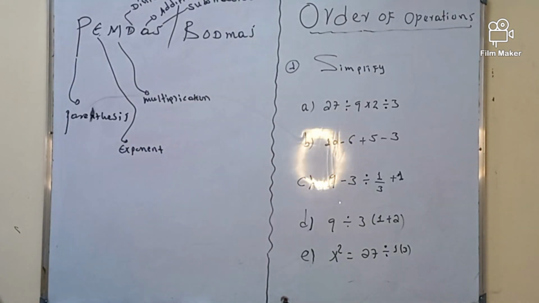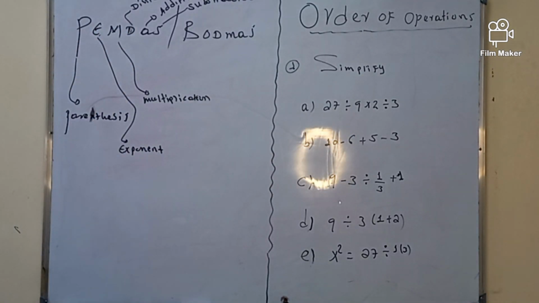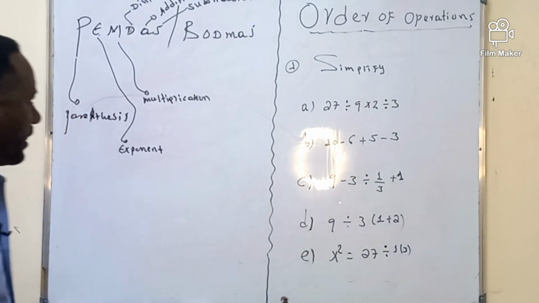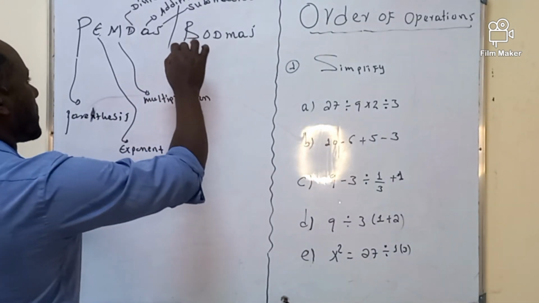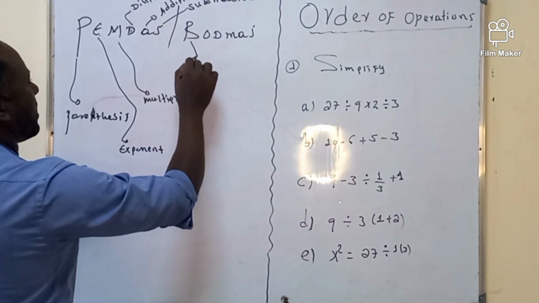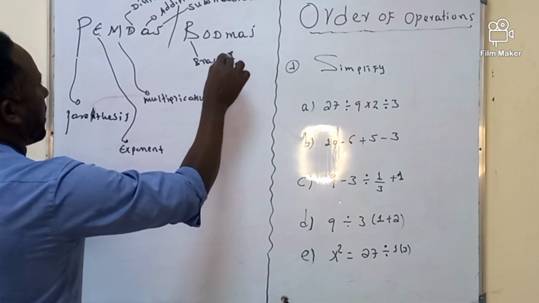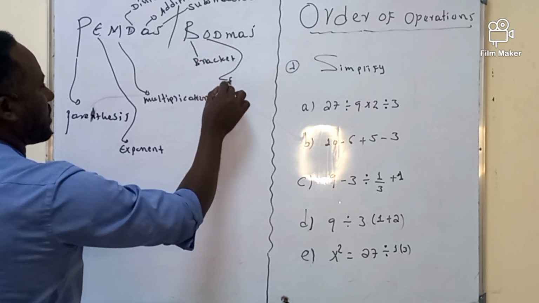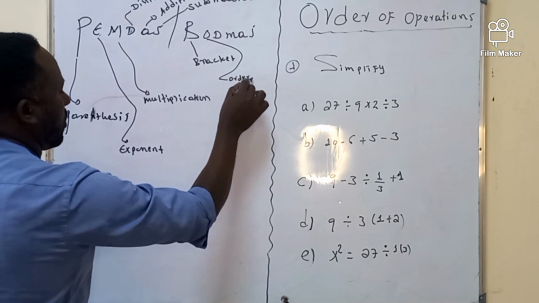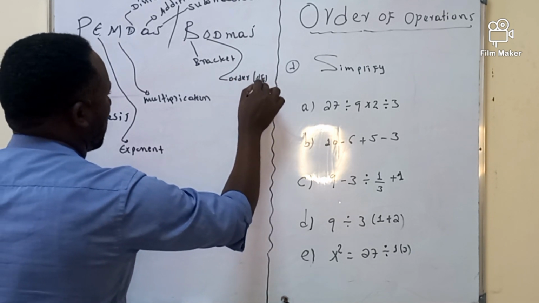We're going to compare how these orders of operations are related, which is practically important to solve this problem. So in the case of BODMAS, what does B mean? First of all, you have to do brackets. And what does O mean?